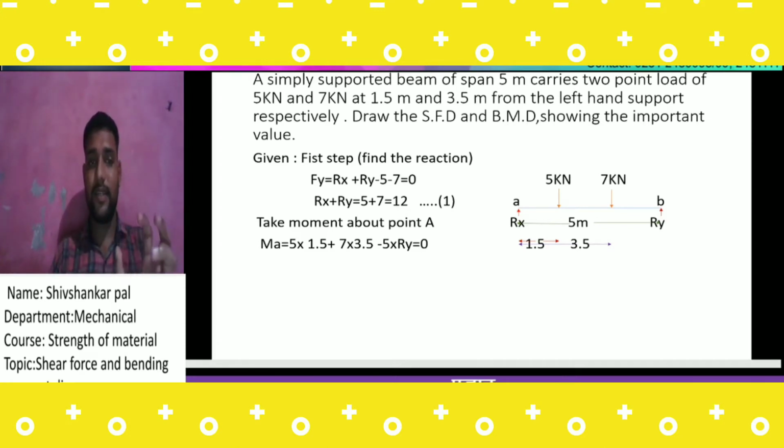It simply says, for the given loading diagram, draw the shear force and bending moment diagram. So we start our solution.